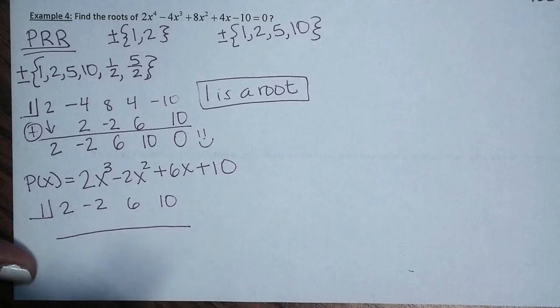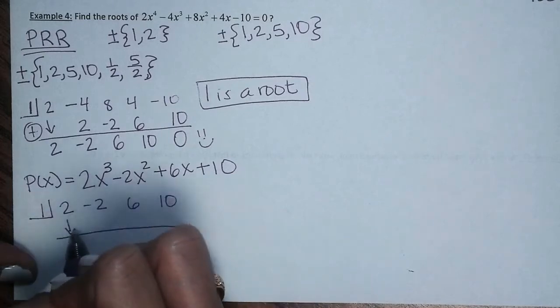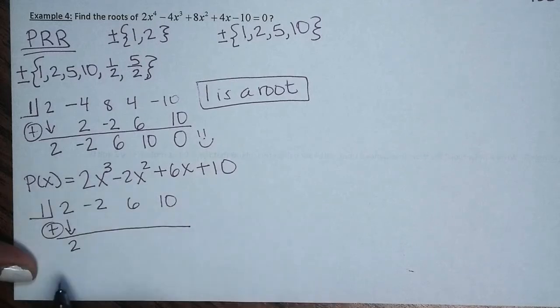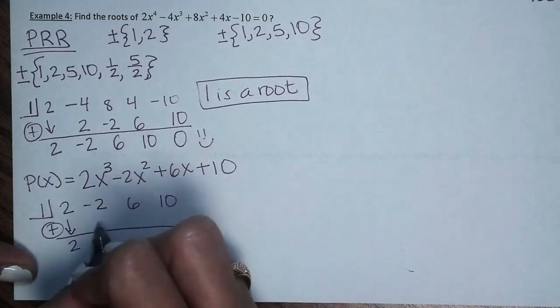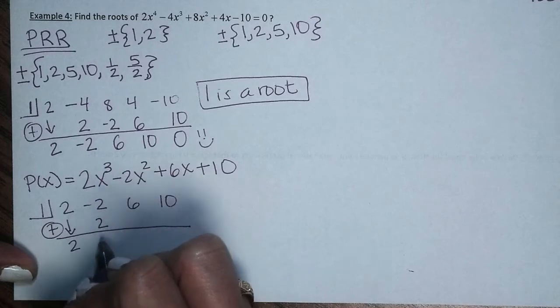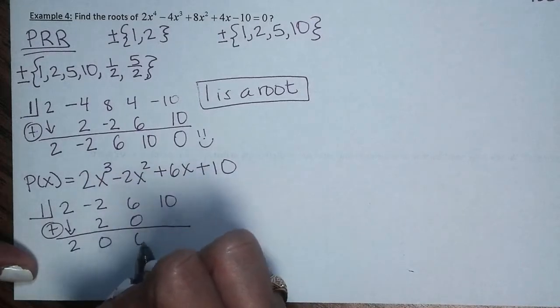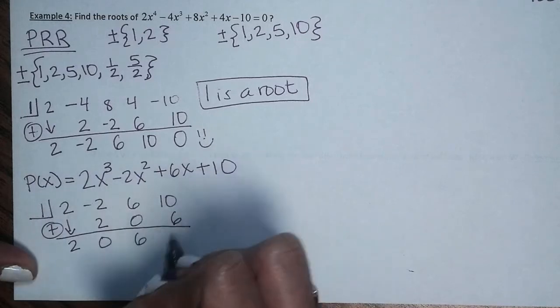So then start synthetically dividing. 2 times 1 is 2. That's 0. And 0 times 1 is 0. That's 6. Okay, so this is not going to be a root again.